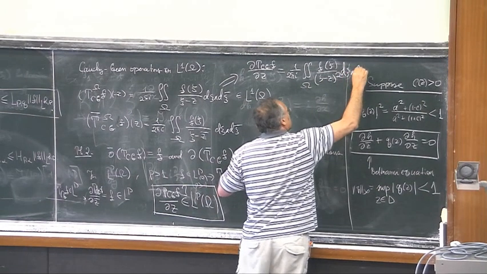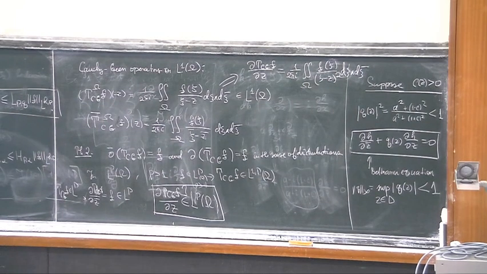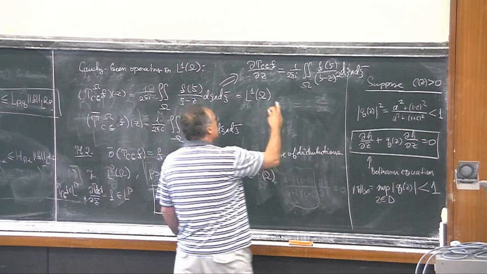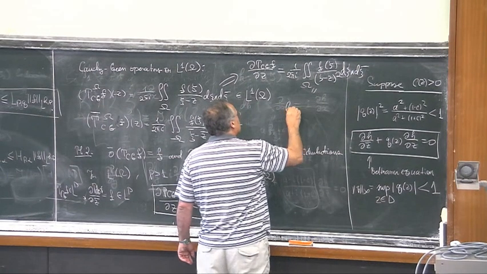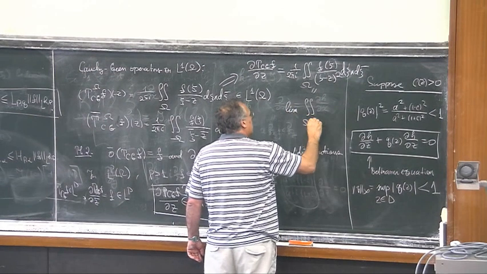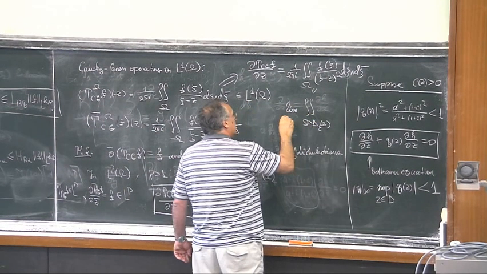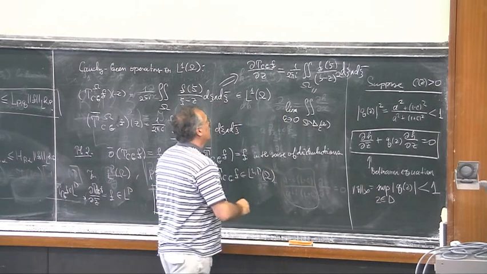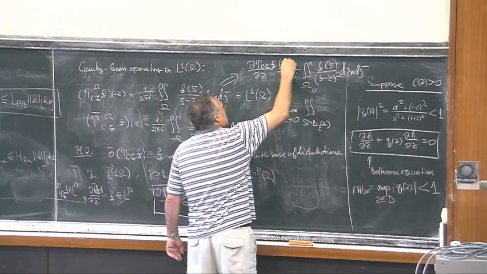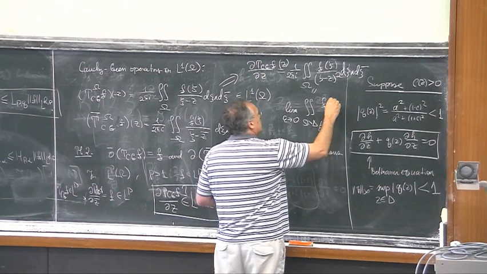This integral does not exist in the usual sense, but it exists as a principal value: as a limit of integrals over omega minus a small disk around z when epsilon goes to 0. Defined in this way, this function of z is well defined.